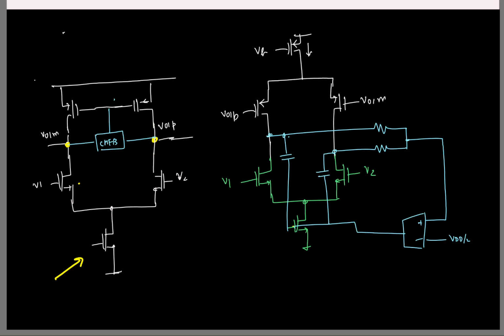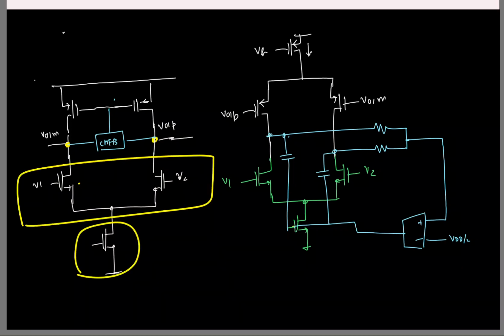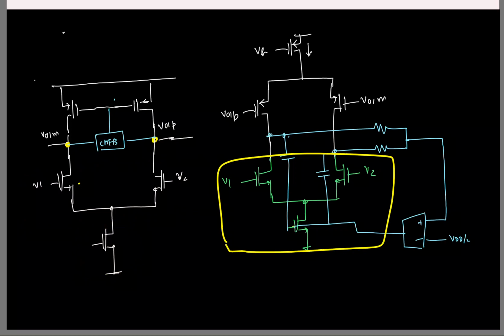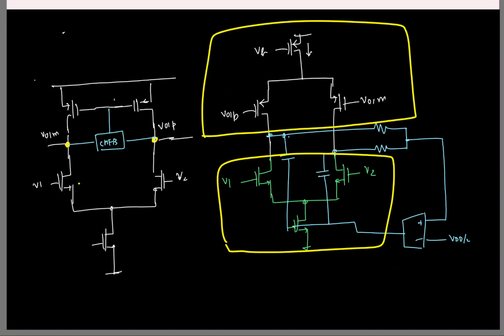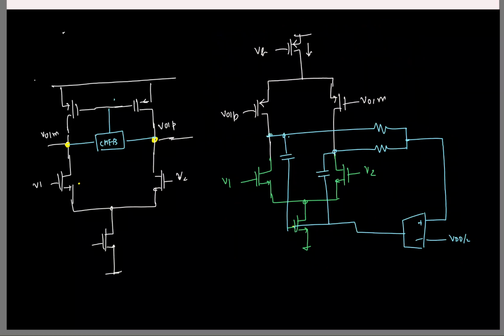So in this case, my first stage GM is biased with a constant current. It will have a good common mode rejection. Now my third stage, that is also biased with a constant current. So we can also have a similar configuration for the second stage. This is also very commonly done. And the moment you have it, now the current of the second stage is controlled by this PMOS transistor. So for common mode feedback, you can also control this guy. That is, you can fix the bottom current constant and control the top current.